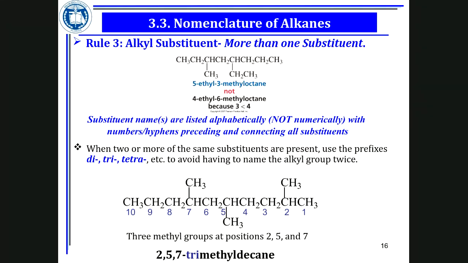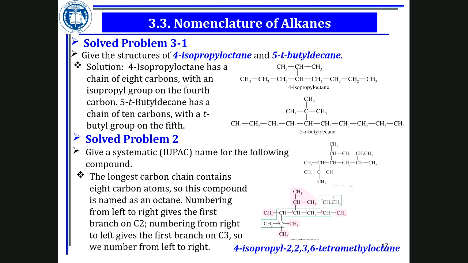After naming, we want to know about physical property, which we briefly talked about yesterday. Physical property is due to intermolecular forces. Intermolecular forces for alkane is van der Waals forces. So van der Waals forces are a weak type of intermolecular force.